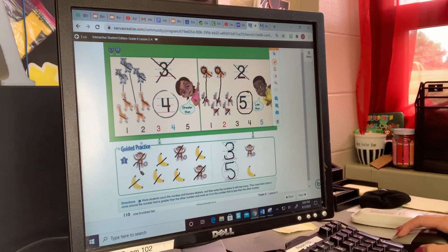So I'm going to connect the monkey to the banana, the monkey to the banana, monkey to the banana, and I see I have 2 more bananas left, so that tells me I have more bananas than I do monkeys. So that means I have 5, which is greater, so I'm going to put a circle, and 3 is less than 5, so I'm going to put an X.